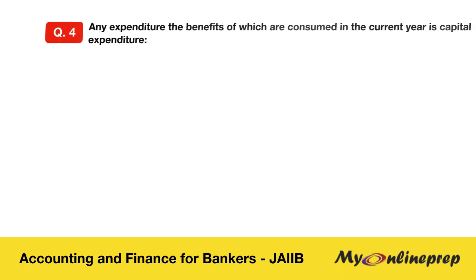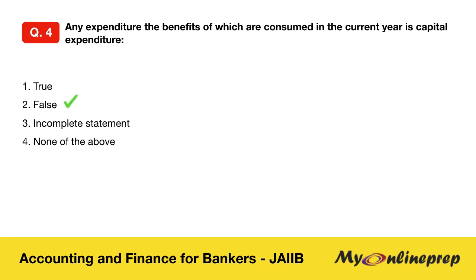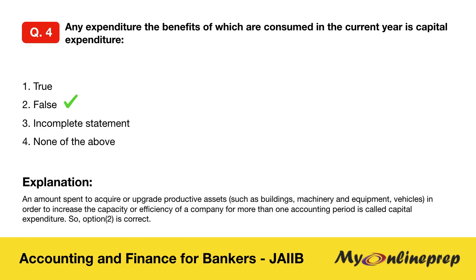Number 4. Any expenditure the benefits of which are consumed in the current year is capital expenditure. Is it true or false, or incomplete statement, or none of the above? Yes, it is false. Why? Because an amount spent to acquire or upgrade productive assets such as buildings, machineries, equipment, and vehicles, in order to increase the capacity or efficiency of a company for more than one accounting period is called capital expenditure.